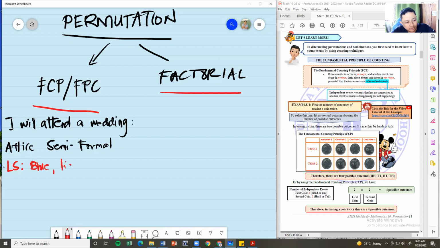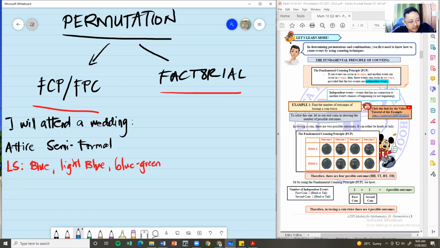Meron akong light blue. I also have blue-green. Ayan. So, I have 3 long sleeves.